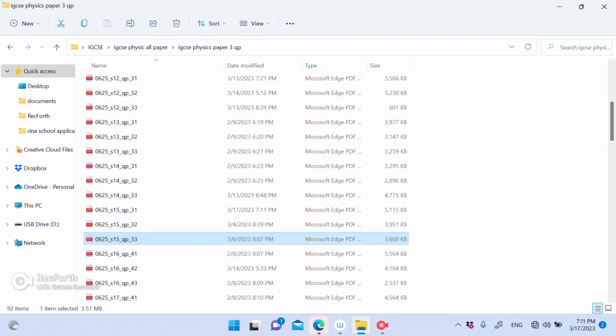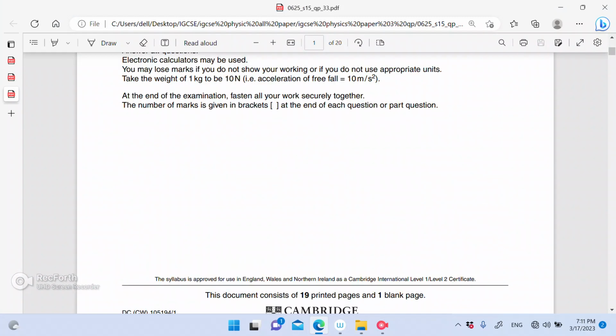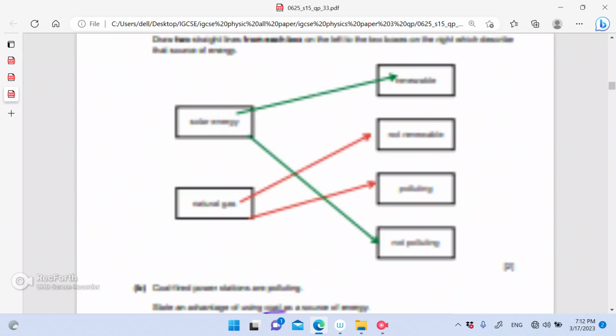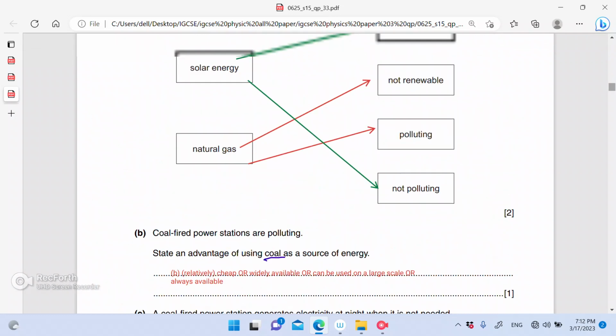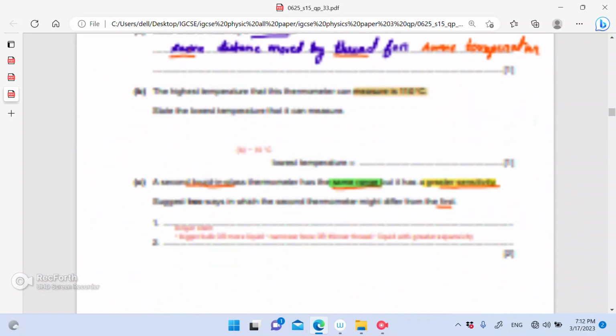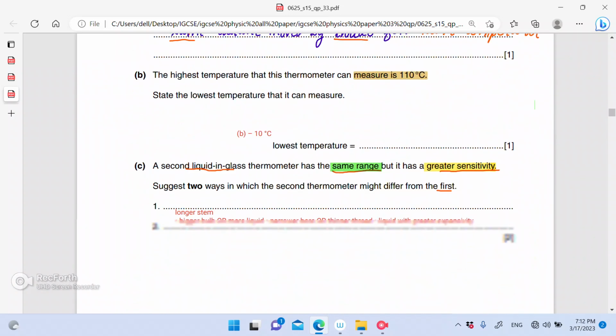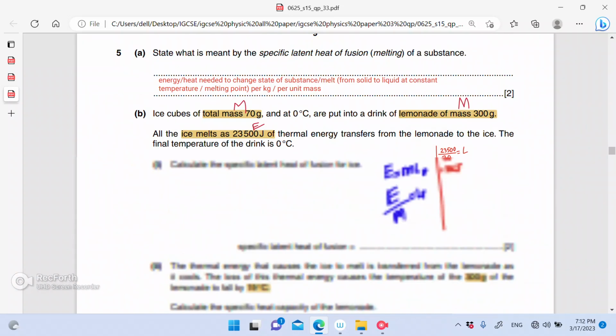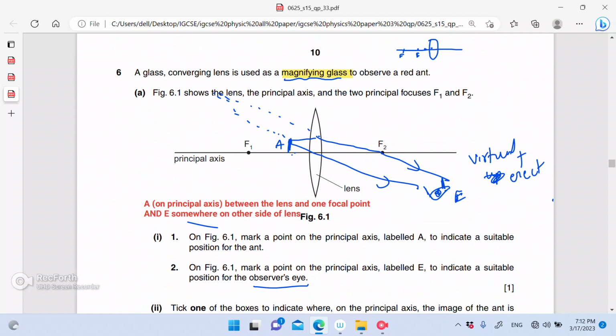When it is beyond F2, when it is at 2F2, when it is between 2F and F, and when it is near the lens, where will the image form? So this is important for you. You must learn those and practice more, then you will be able to understand.